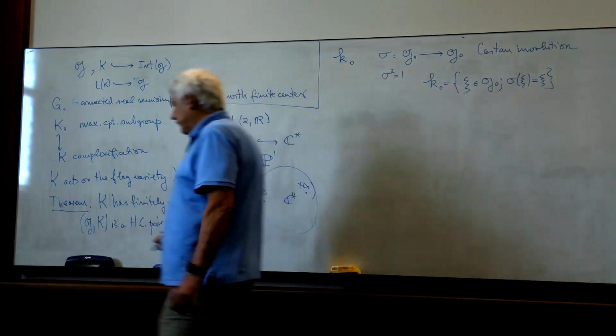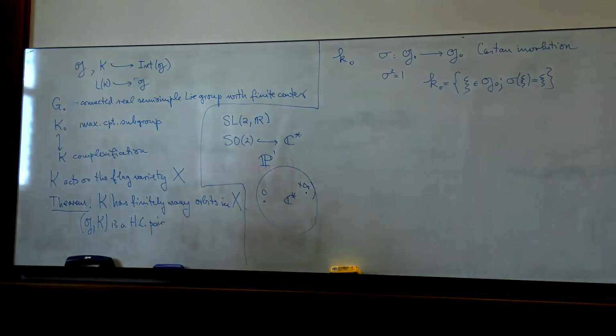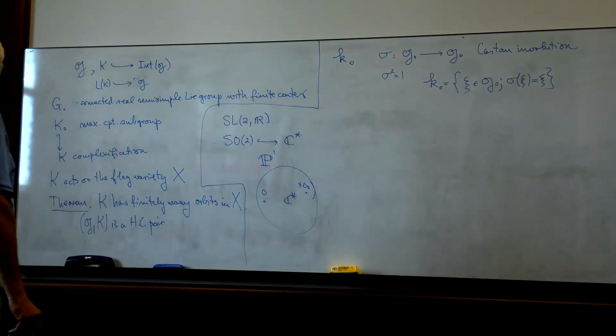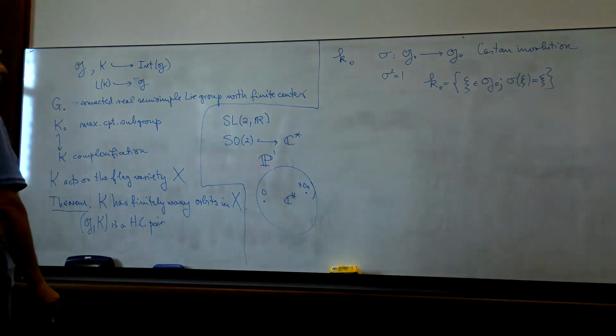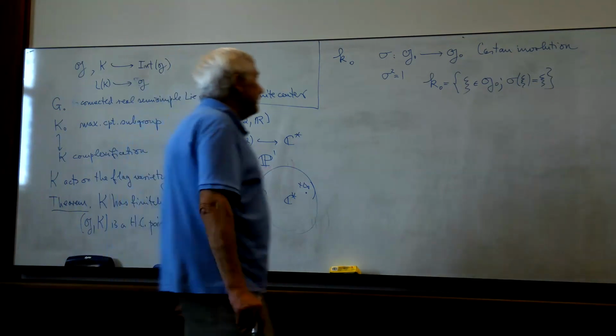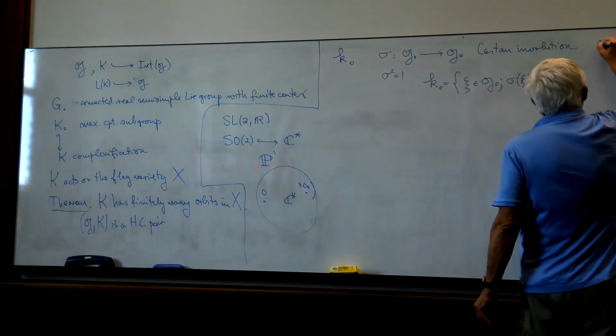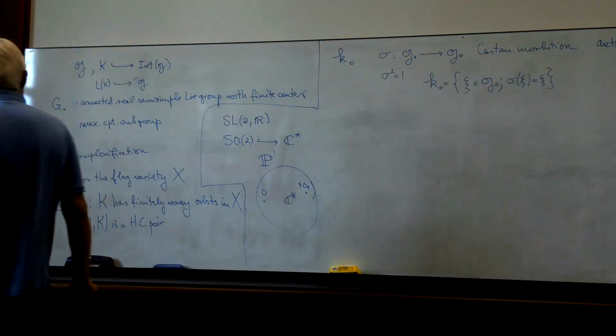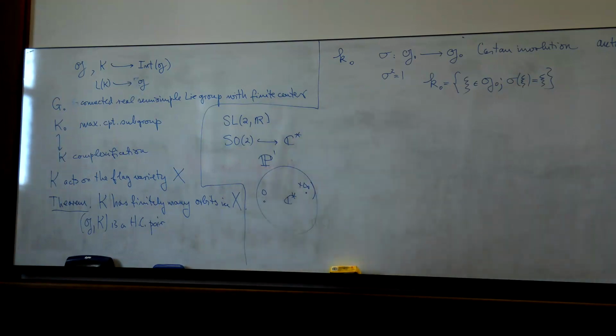This follows from structure theory for real semi-simple Lie groups. So we can extend sigma by linearity, and we get an involutive automorphism of the complex Lie algebra G, and then the Lie algebra of K is the fixed points of this Cartan involution.